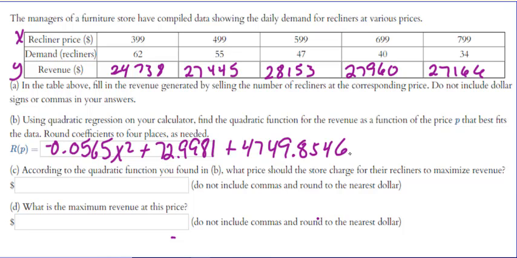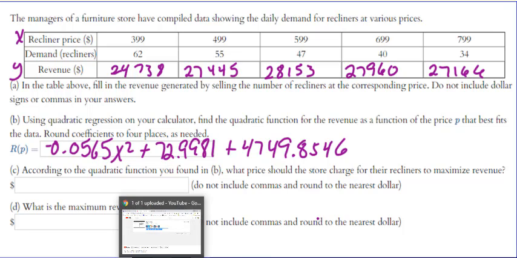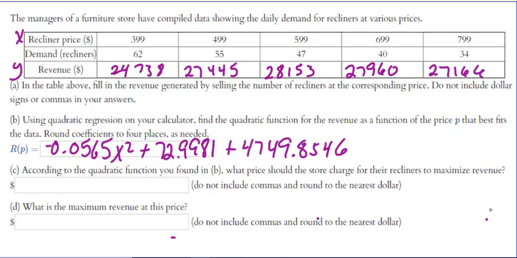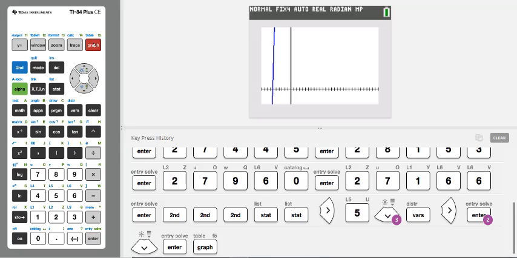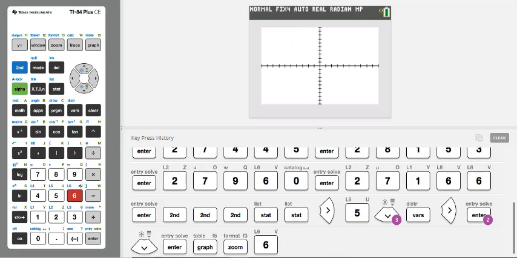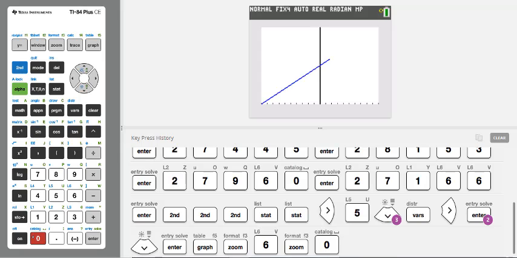It says, according to the quadratic function you found in B, what price should the store charge for the recliner to maximize revenue? So let's just hit graph. I don't have a clue what my limits are, so I'm just going to zoom 6, and then zoom fit. We know we're not out wide enough.